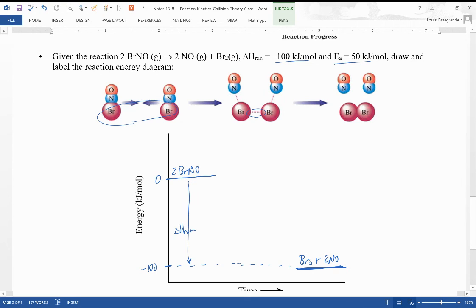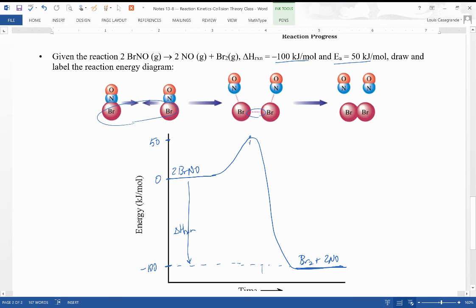And then we need the activation energy. Now the activation energy we said was up at 50. Now that's always a positive number relative to where you're starting. So that's going to come up at 50. And I'm going to put a little dot there, like halfway in between my products and my reactants, just to show coming up and going down.